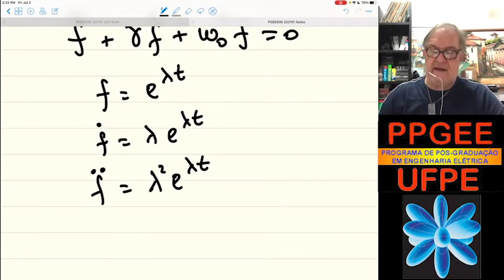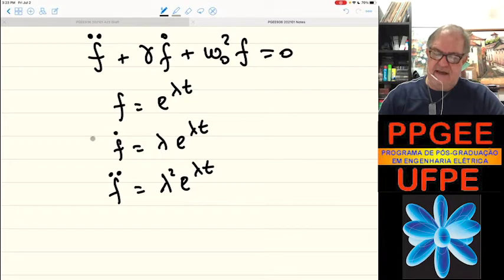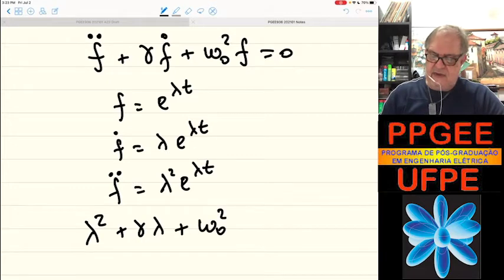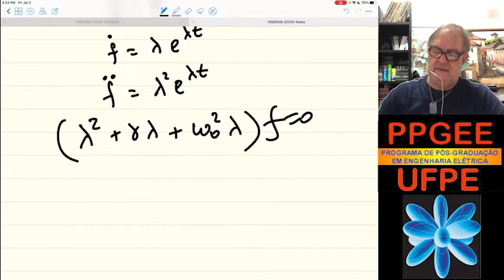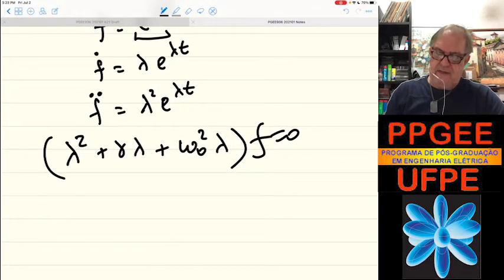So we have a characteristic polynomial: lambda squared plus gamma lambda plus omega 0 squared, times the exponential, equals 0, because f is e to the lambda t.